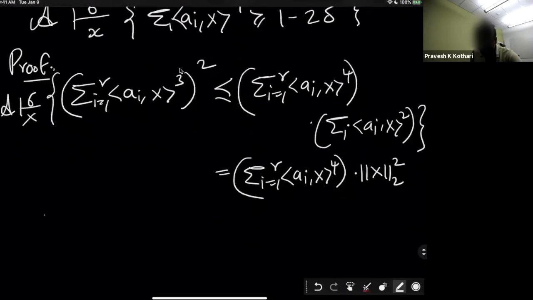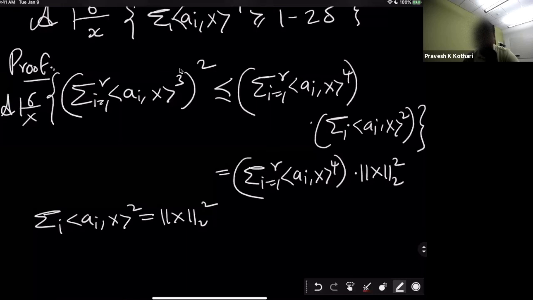Well, because it's a polynomial identity. I'm using the identity sum over i of a_i x squared equals norm of x squared. This is a polynomial identity. It's literally like the two polynomials on the left and right hand sides are equal. I do not know what the a_i's are, but this identity holds.